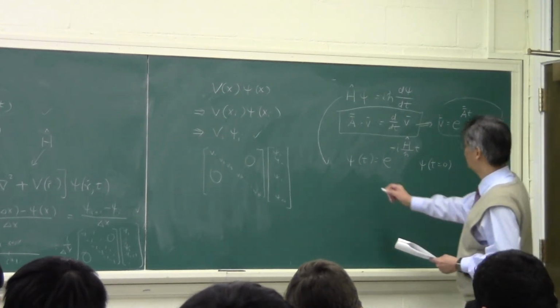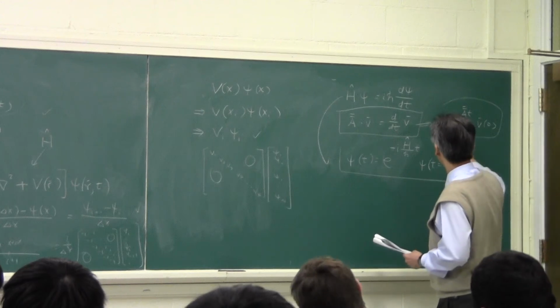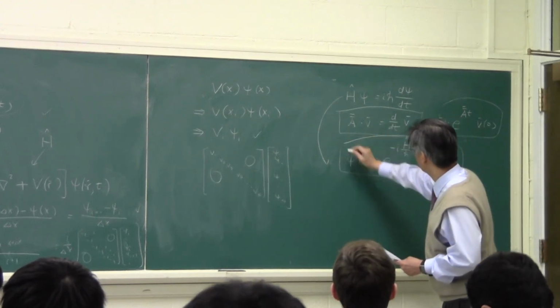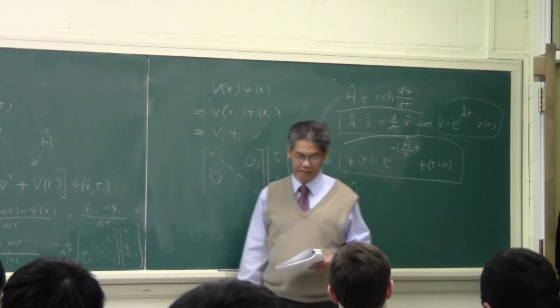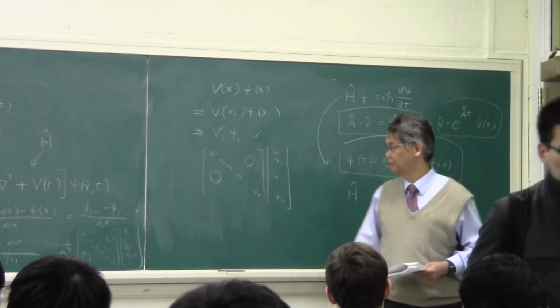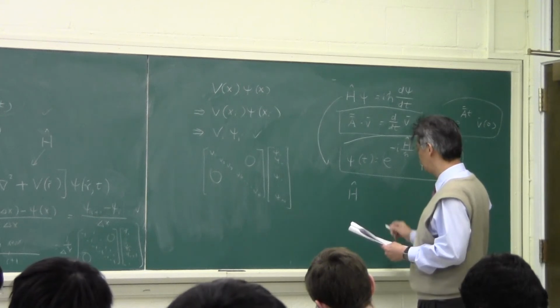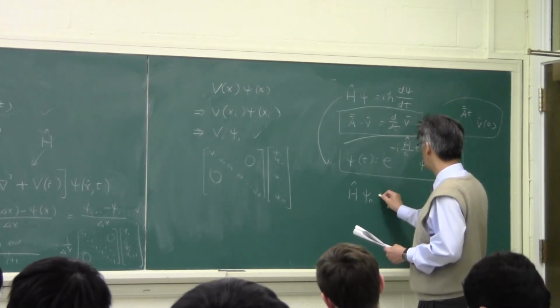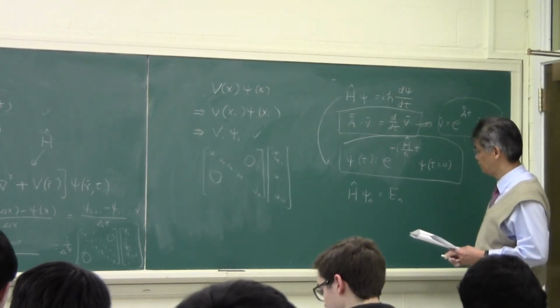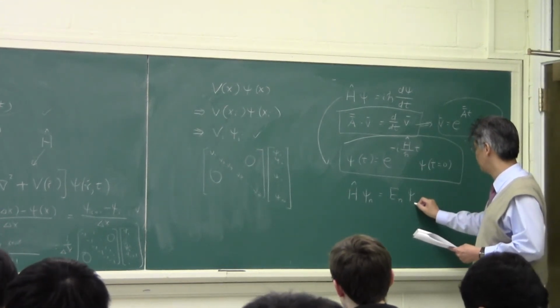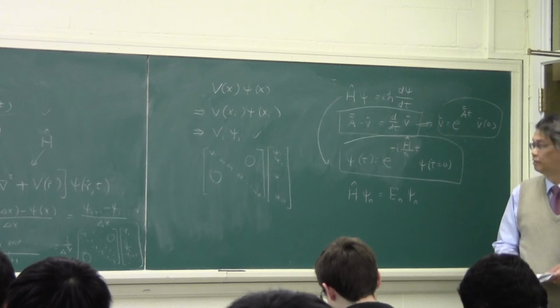So, in order to give this meaning, you have to find the eigenfunctions of H. Okay, eigenfunctions of H are defined to be functions such that when they are operated on by the Hamiltonian operator, you just get an eigenvalue times psi n.